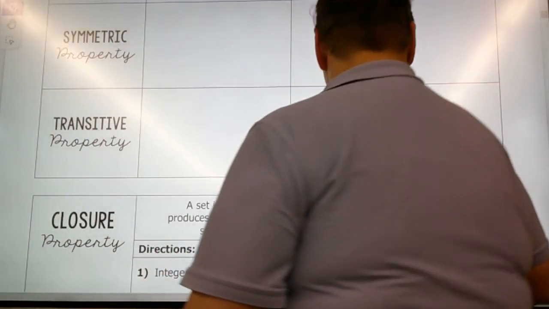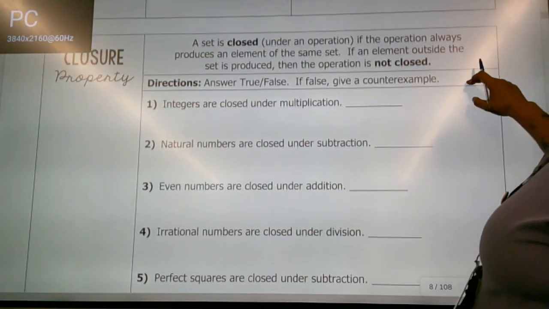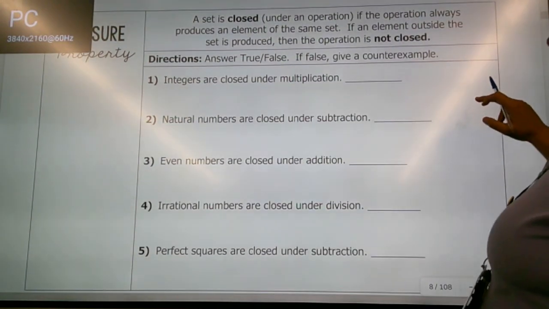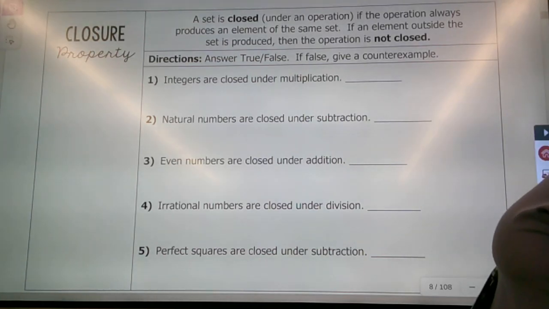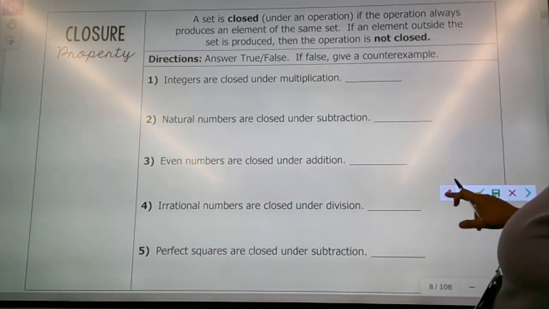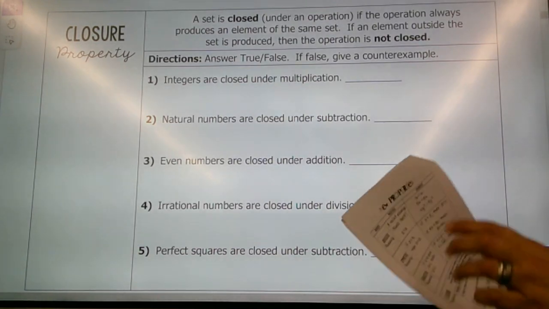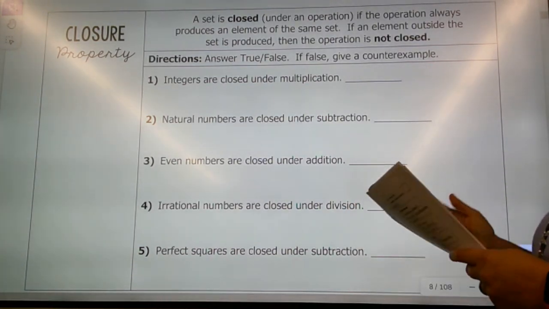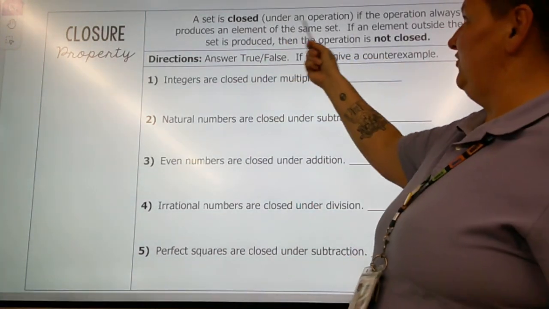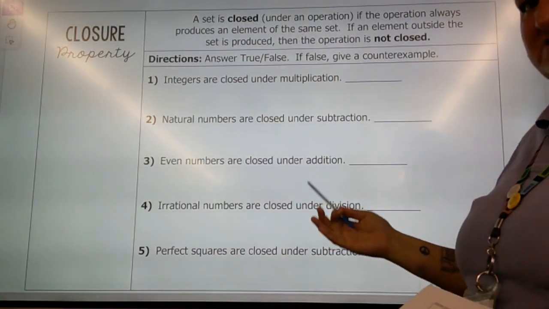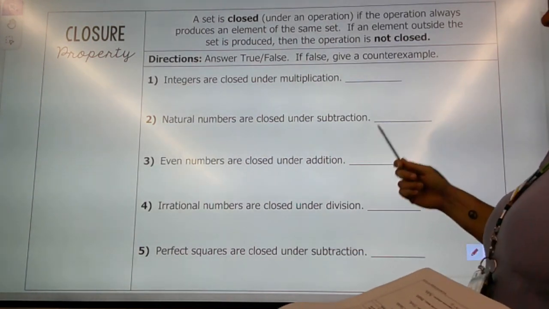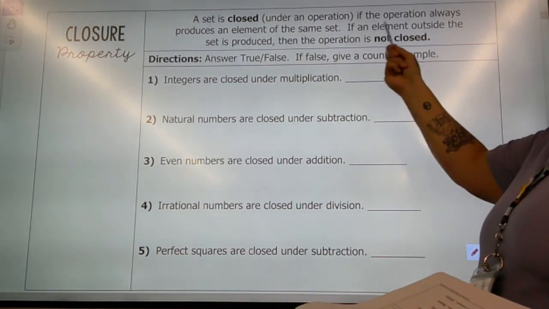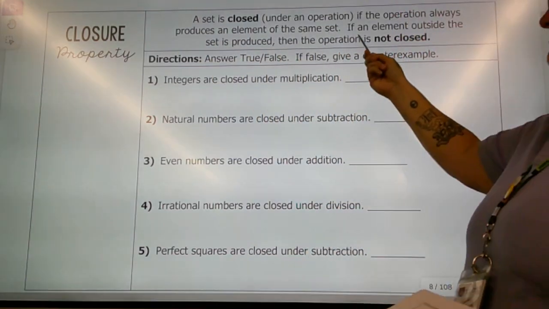All right, let's look at the idea of closure property. Closure property says a set is closed under an operation. We're talking about addition, subtraction, multiplication, and division. A set is closed if the operation always produces an element of the same set.